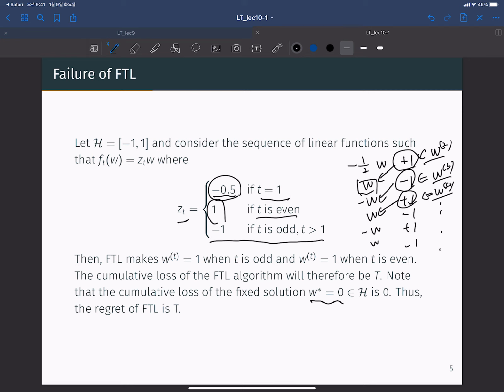Follow the leader is a very simple and very intuitive idea, but the problem is, although this FTL rule is very nice for the L2 loss, the mean squared error regression problem, this rule also has many counterexamples. The regret grows linearly.